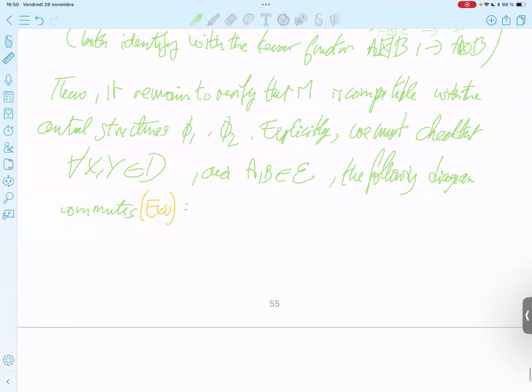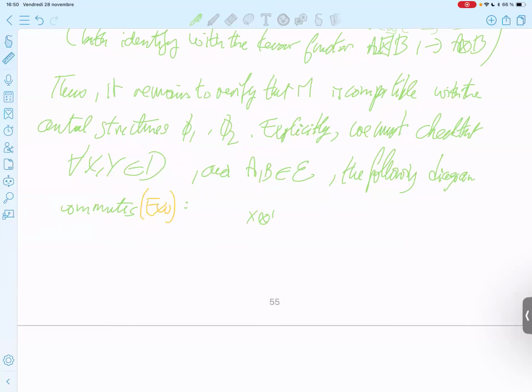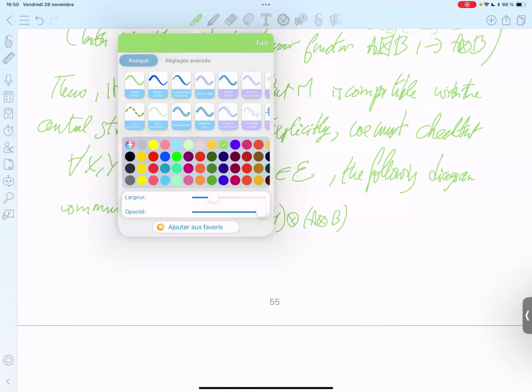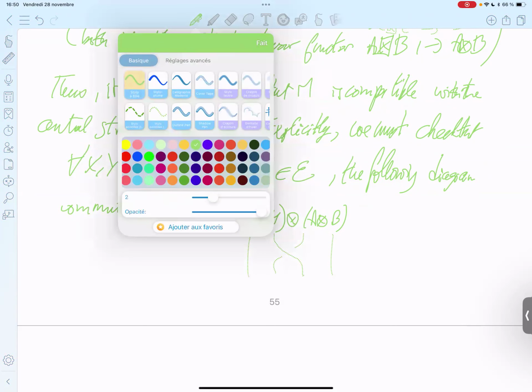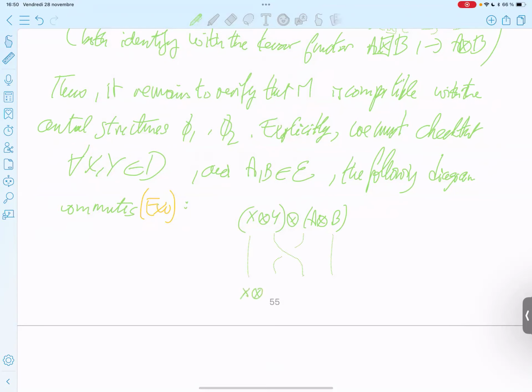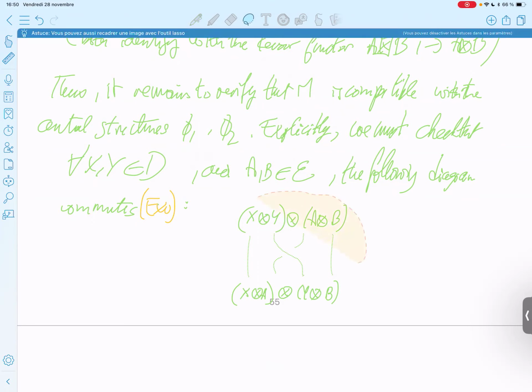You start with X tensor Y tensor A tensor B. And here you have the braiding, an identity here, and you go to X tensor A tensor Y tensor B. I will need more space, so let me move that to the second page.